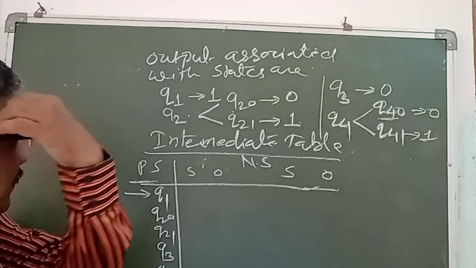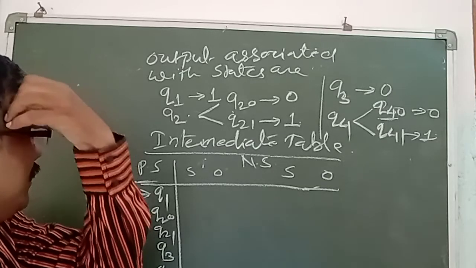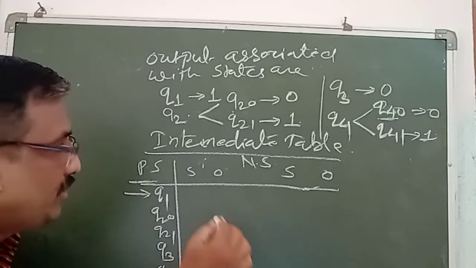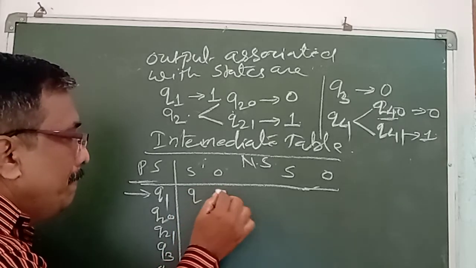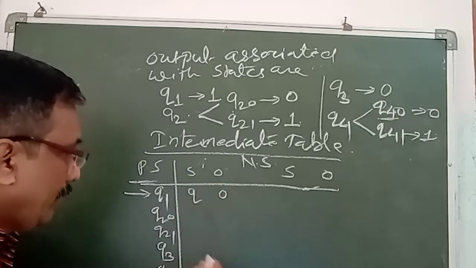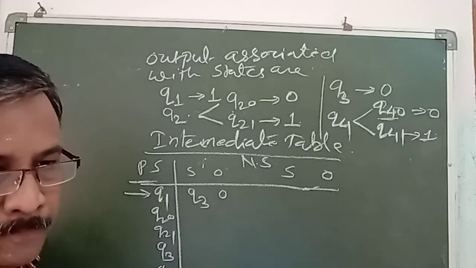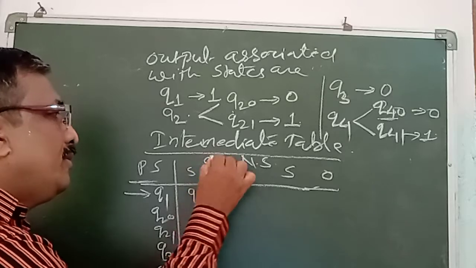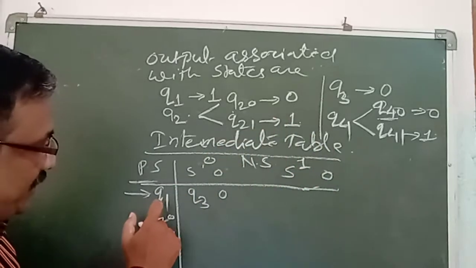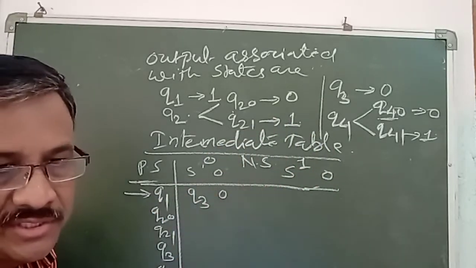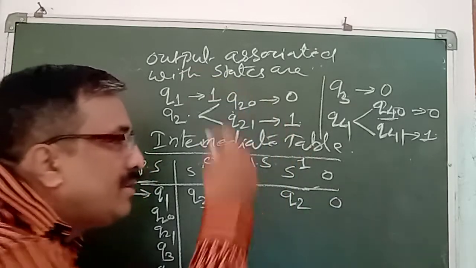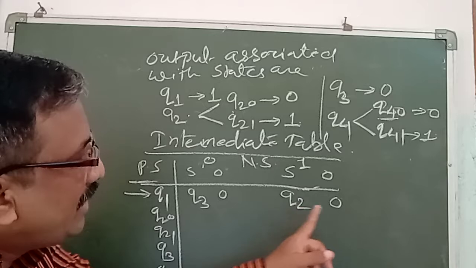And for their next state transition, for Q1 it is Q3 0, and for input 1 at state Q1, its next state transition is Q2 and 0 as given.